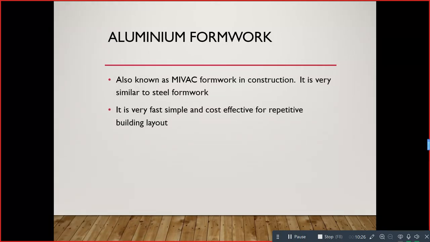Now let's discuss aluminium formwork. Kindly, Amos Mwangi, you can read for us. Advantages of aluminium formwork. Can be used frequently.